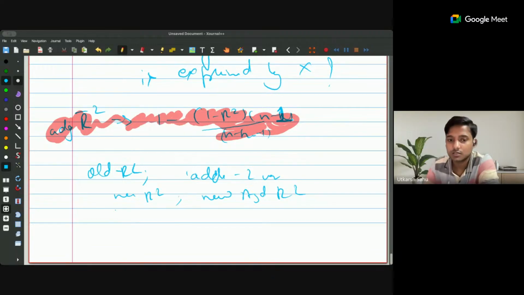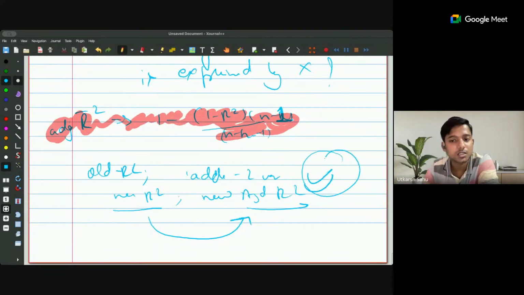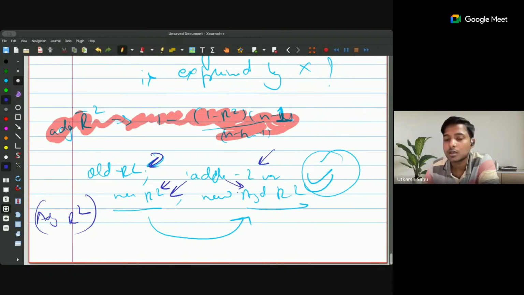If they give you both, new r square and new adjusted r square, you need to check, is this valid or not? If they are only giving you old r square, then new r square, and also how many variables they added, then you can directly find the adjusted r square and make a comment. But if they are giving you both new r square as well as adjusted r square, then you need to check, is this adjusted r square correct according to this new r square or not? Then you can comment on whether that is happening or not.